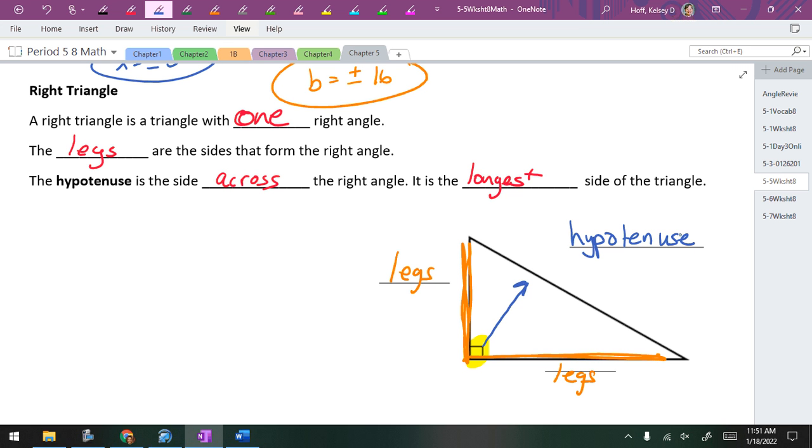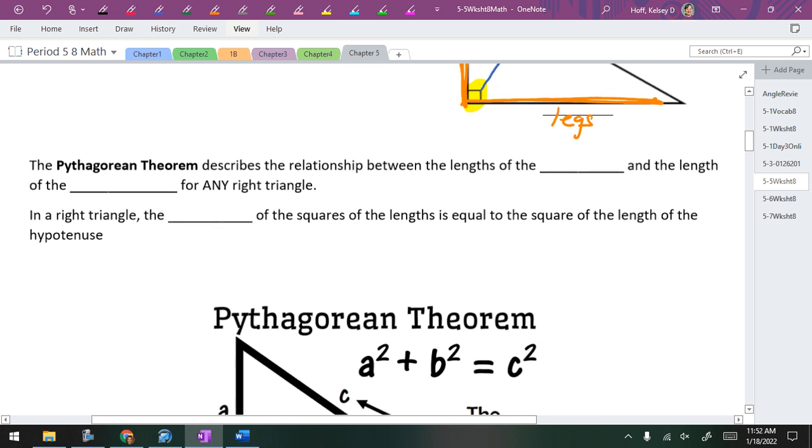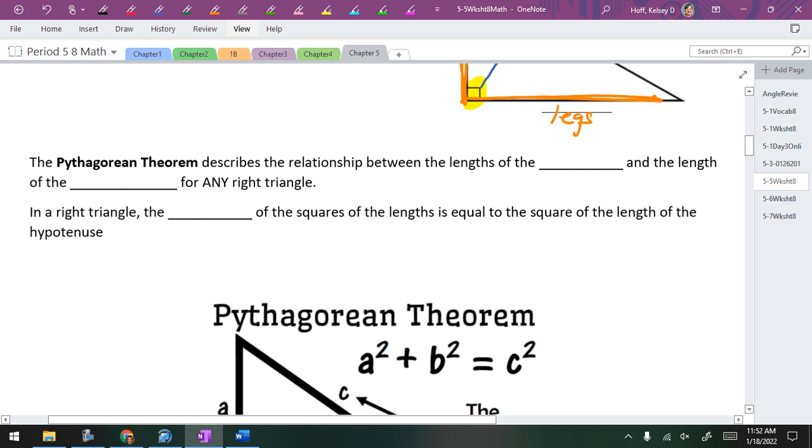So what's going to happen today is, notice we're not talking about the angles. We talked about this being 90 degrees, but we're not talking about how many degrees are inside. We're not talking about the length of those sides. Okay, the Pythagorean theorem, try it. Pythagorean, oh, that was a weak try. Go again.